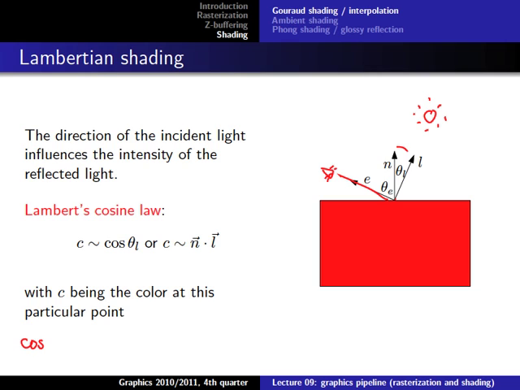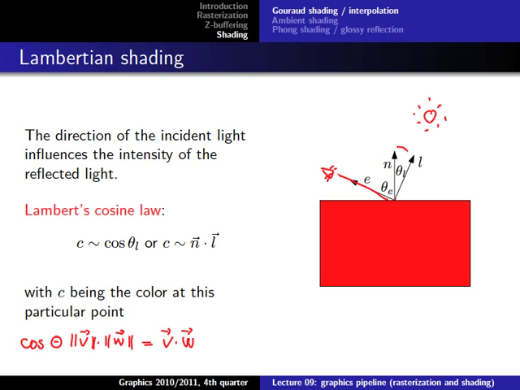The scalar product of two vectors is defined as the length of one vector times the length of the other vector times the cosine of theta, which is the same as the dot product of two vectors.